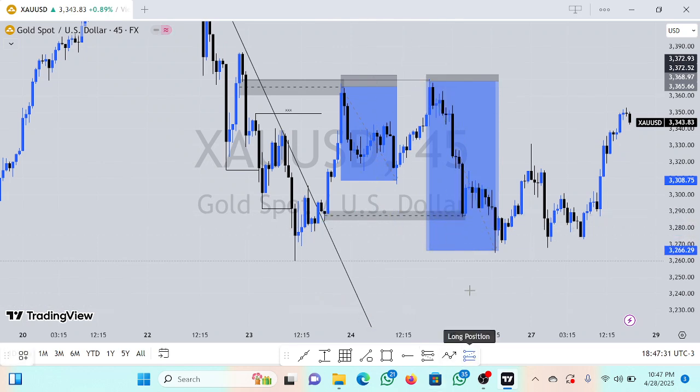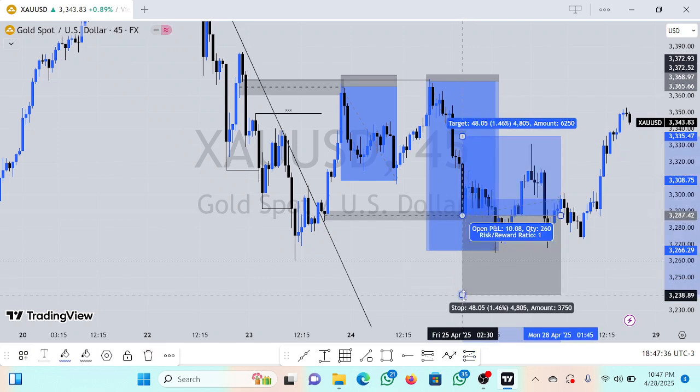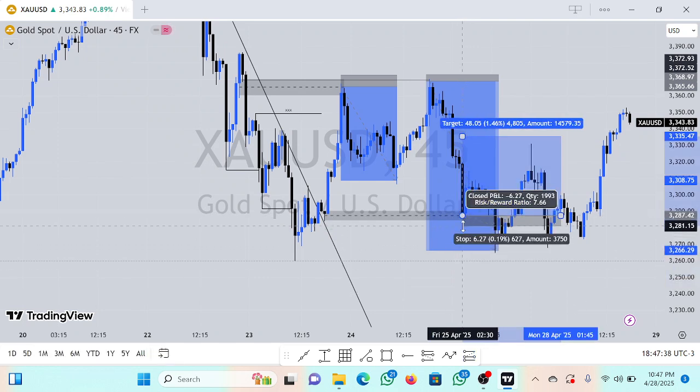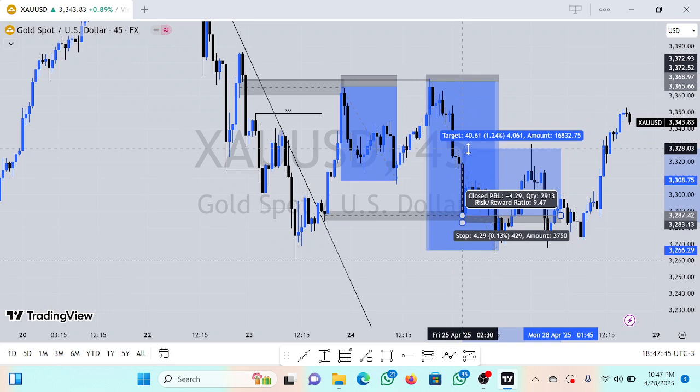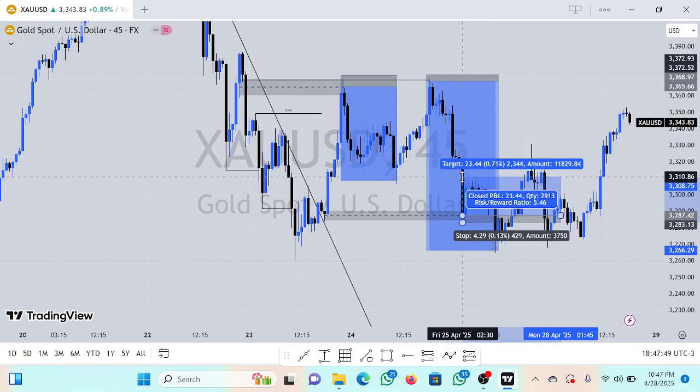So where should be my TP? I use a few TPs for my trades. I use either the nearest liquidity, a rejection area, or the nearest block.